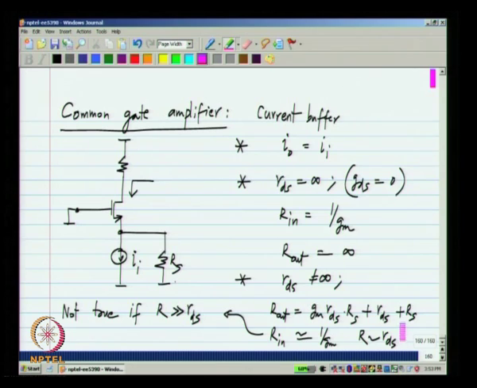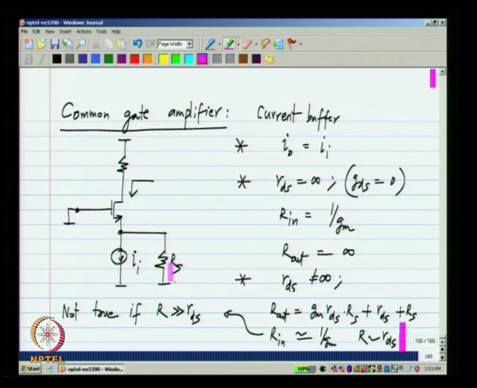But we will assume this condition to be true, and under those conditions it provides a small input resistance and a very high output resistance, which is exactly the quality you want from a current buffer. Okay. So, if you have a current source with an internal resistance of Rs, it will look like a current source of the same value, but a much higher internal resistance. Okay.